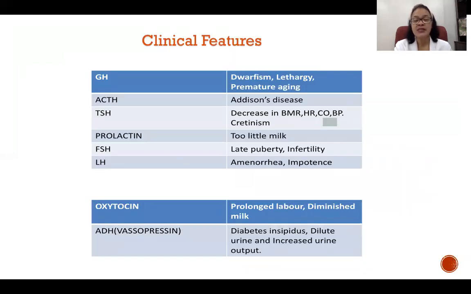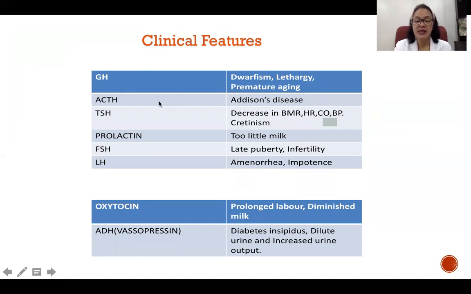So these are the different clinical features of problems with the pituitary gland. So when there is a problem with the growth hormone, these could be the manifestations. You have dwarfism, lethargy, premature aging.